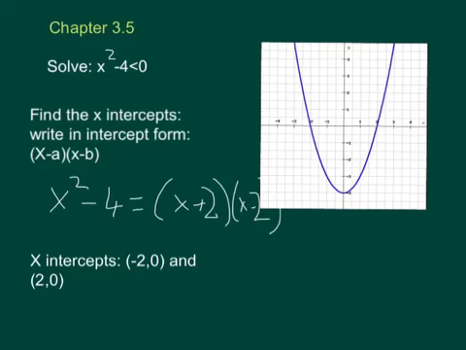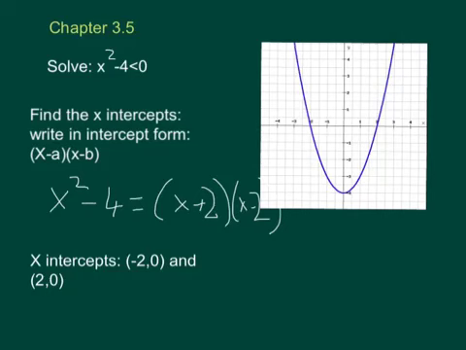So I can now see that my parabola itself is below the x-axis when x is between here and here, between the two x-intercepts, between -2 and 2.